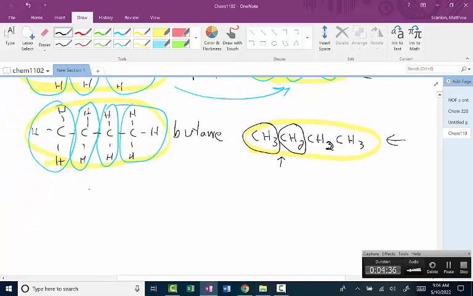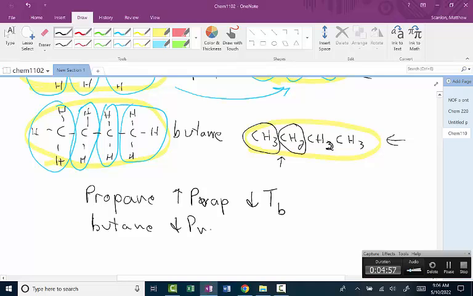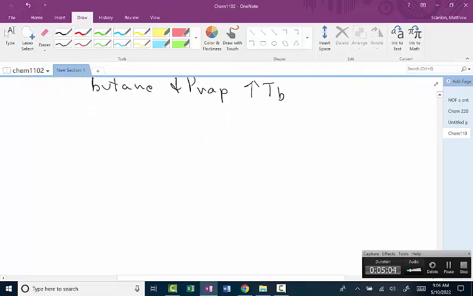So we expect propane, which is the smaller, to have the higher P vape and the lower boiling temperature. And butane will have the lower P vape and the higher boiling temperature. And that's exactly what we find. So that's all there is to this.